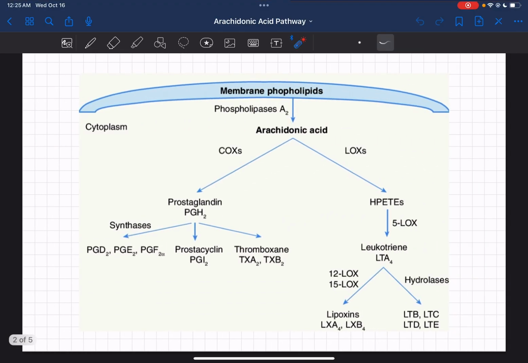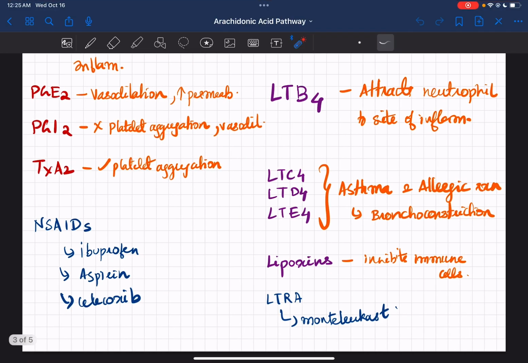As a result, you produce a lot of prostaglandins. These are the prostaglandins. You can just take a look at them. I'll be explaining specific functions of these prostaglandins in the next slide. As I said, prostaglandins mainly help with the process of inflammation. Now let's say there's an injury and the COX2 pathway gets activated.